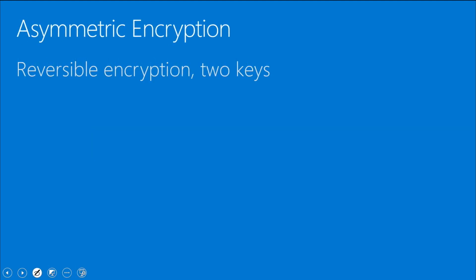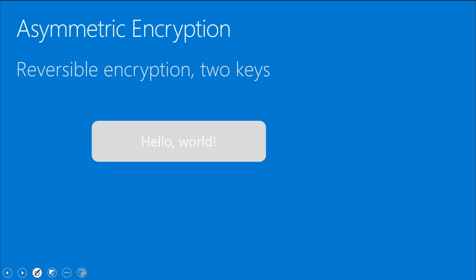We also have asymmetric encryption, which is still reversible, but it's going to use two keys. One private, that only you have, and one public that everybody else has. And the way that this works is that one key is going to lock, and the other key is going to unlock. So once again, we've got our entry text, and that can be locked, for example, with our private key, converted into that cipher, and then in order to get it back out, we would need to use the public key to do that.